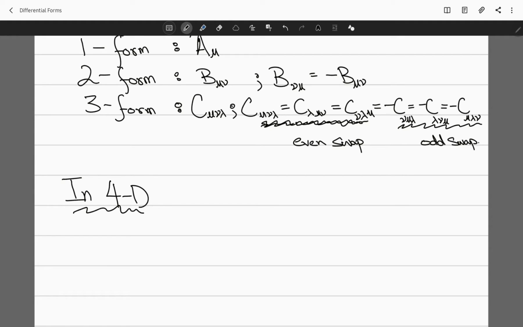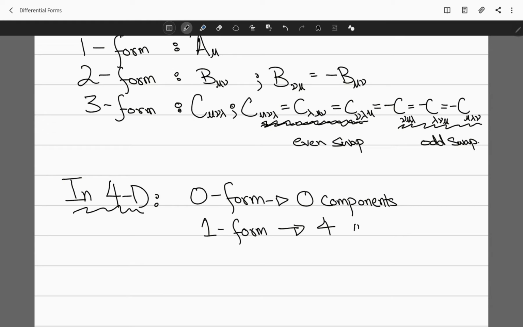Now we could go further and talk about these in 4 dimensions. In 4 dimensions, we will talk about the components of these forms. It turns out that a 0 form has 1 component, and a 1 form, for example, will have 4 components. A 2 form would have 6 components.